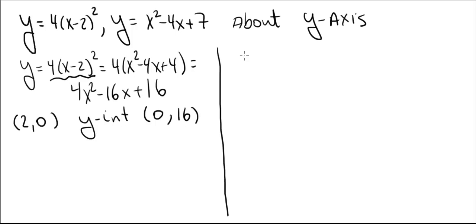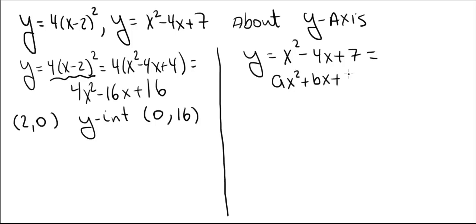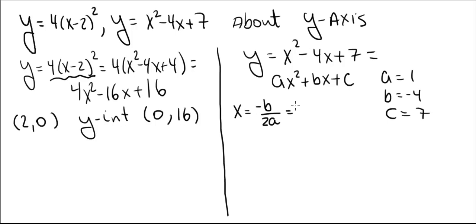For the second parabola, y equal to x squared minus 4x plus 7, we put it in the standard form ax squared plus bx plus c. So a is 1, b is minus 4, and c is equal to 7. The x coordinate of the vertex is minus b over 2a. In our case, it's minus (minus 4) divided by 2 times 1.